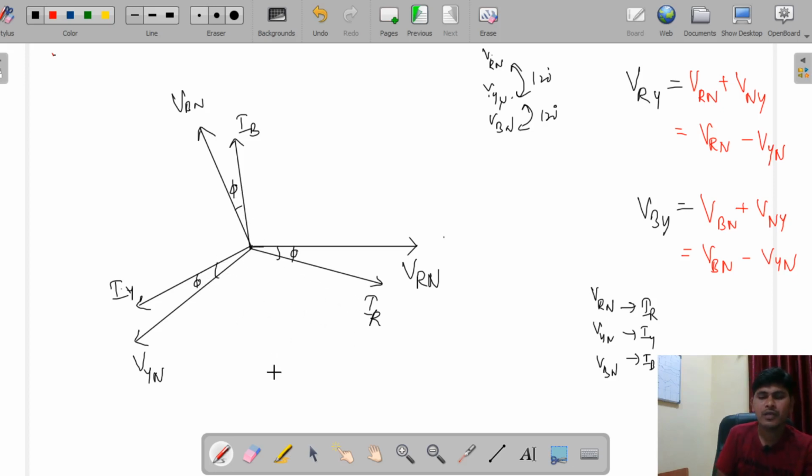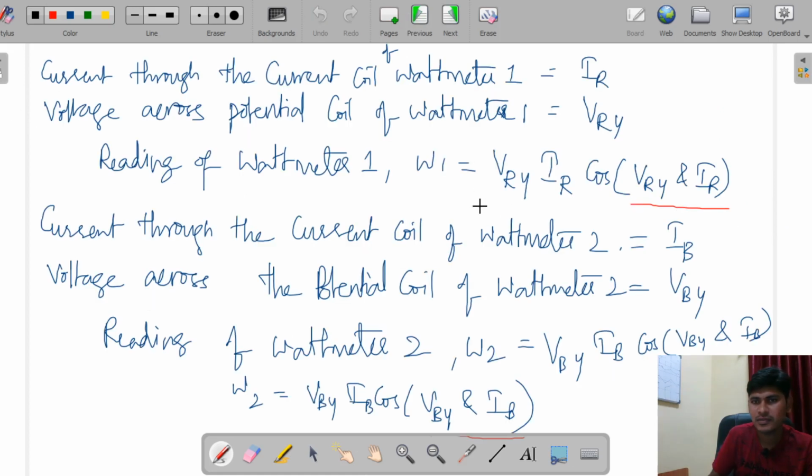Okay, now what is W1? VRY IR cos of the angle between VRY and IR.